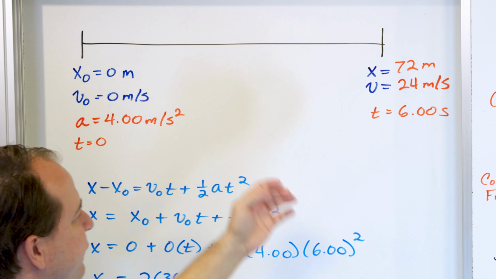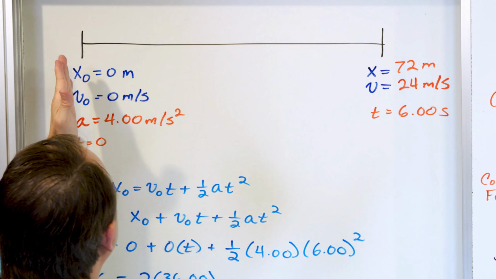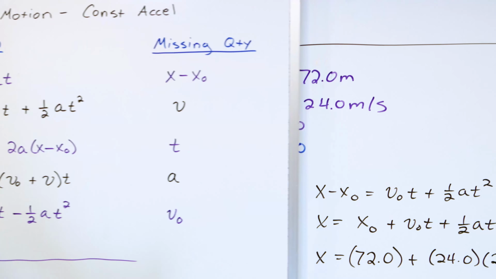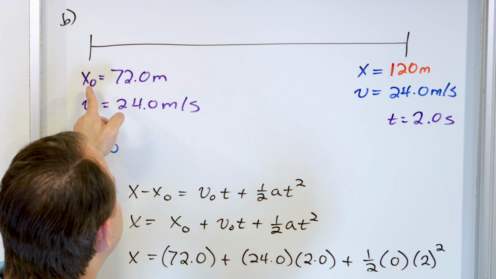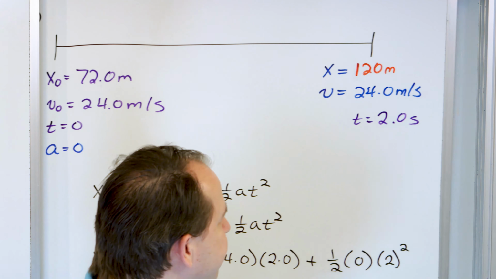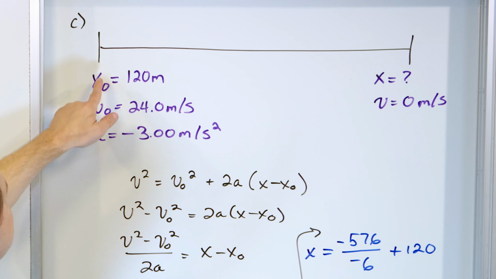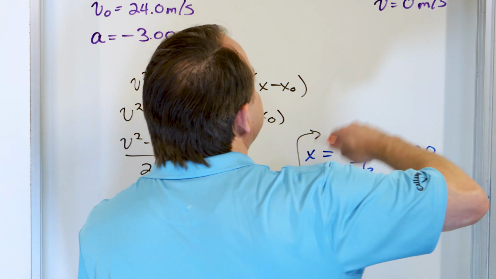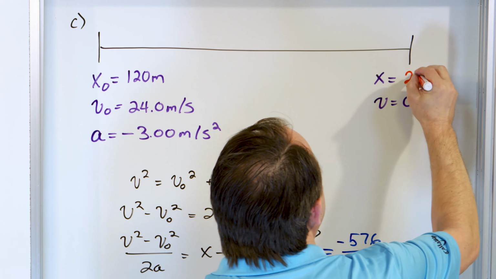In the first region, the coordinate ended at 72. Then in the second region, starting at 72, we ended up at 120, which is 120 meters away from the origin. And in region number 3, we started at 120 meters from the origin, and we ended up at a coordinate of 216. So now we can replace this with 216.